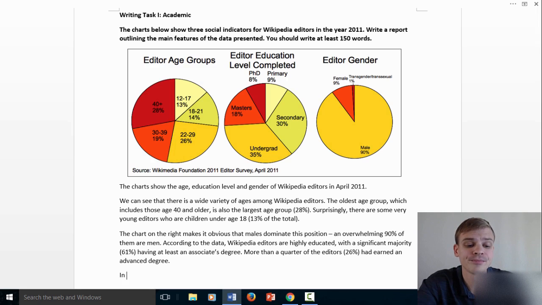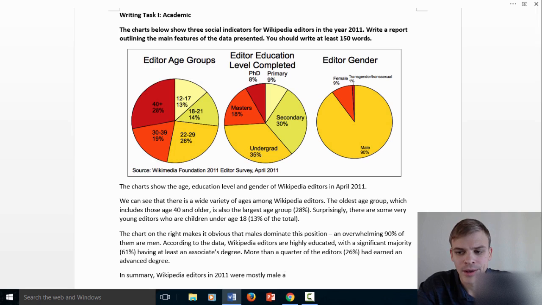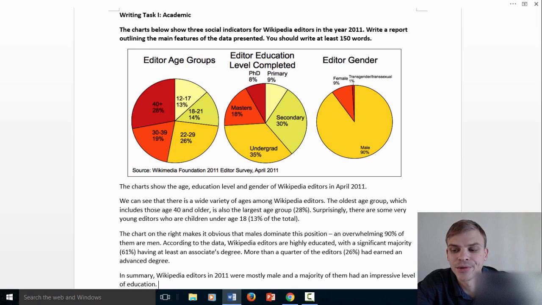So you can say, in summary, Wikipedia editors in 2011 were mostly male, and a majority of them had an impressive level of education.